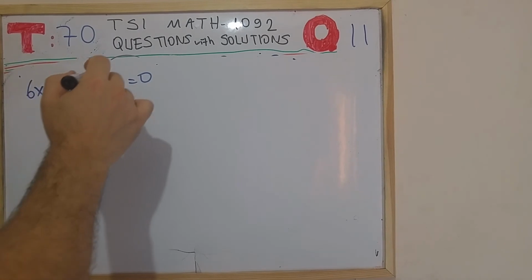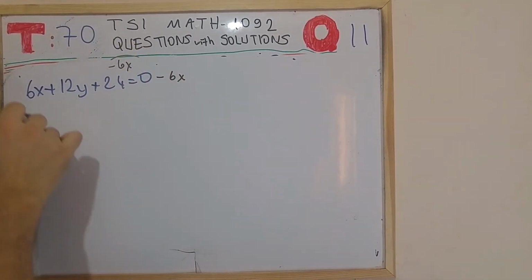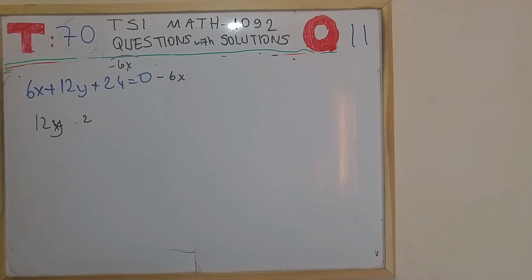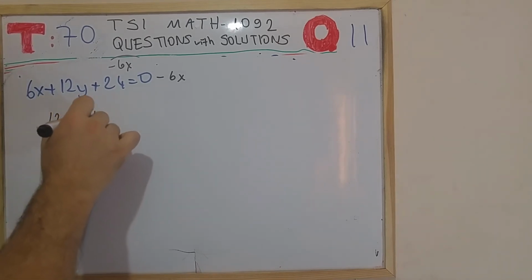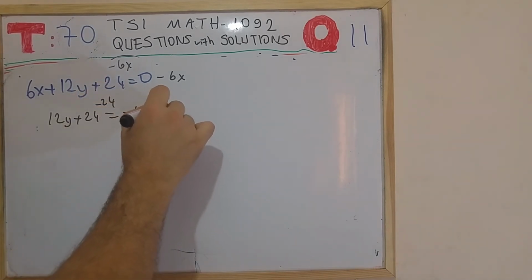Y alone, by subtracting 6x from each side first. So 12y, let me redo it. 12y plus 24 is equal to minus 6x. Now I subtract 24.